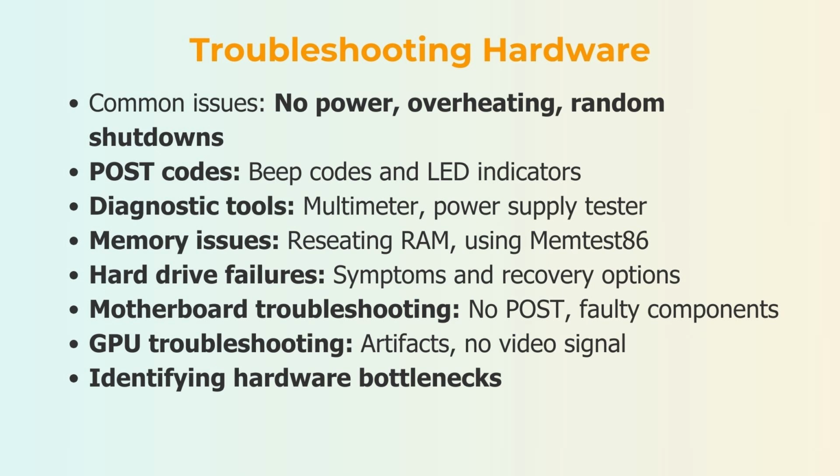Similarly, issues with the motherboard, GPU, or other components can be diagnosed by understanding how the devices interact with the system. The Core 1 exam will also test your knowledge of hardware bottlenecks, such as CPU, RAM, or storage devices slowing down overall system performance. Identifying these bottlenecks and replacing or upgrading components can significantly improve system performance.